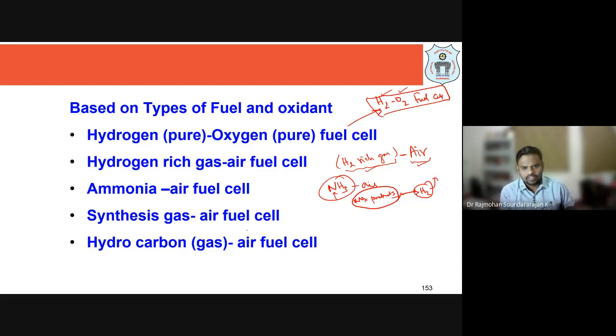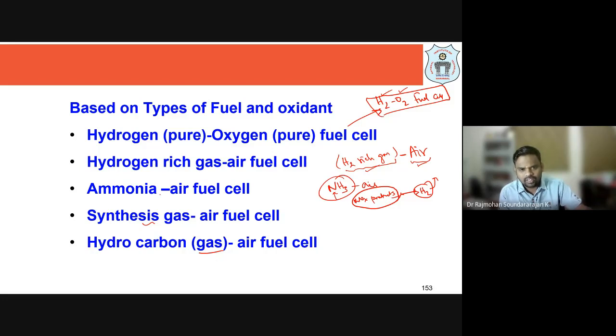And there is a possibility that in place of hydrogen we can use synthesis gas air fuel cell, right? So what does it mean? We are using synthesis gas as the fuel. And if you are using hydrocarbon, we have hydrocarbon air fuel cell. Hydrocarbon can be used in gaseous form or liquid form.